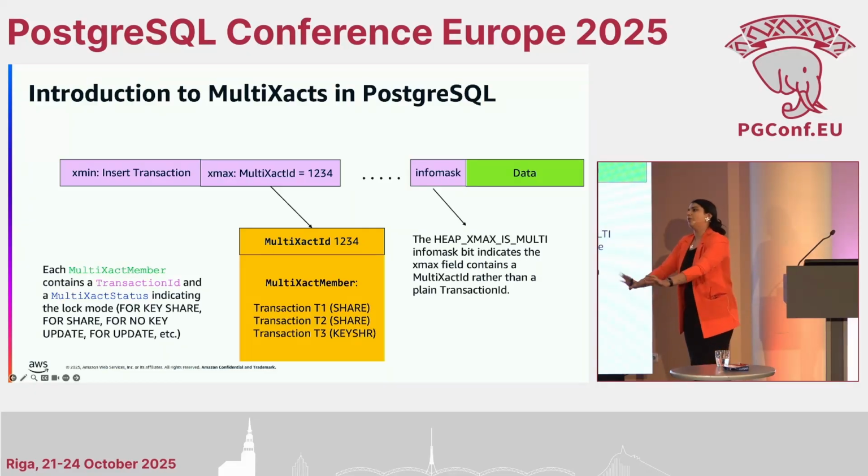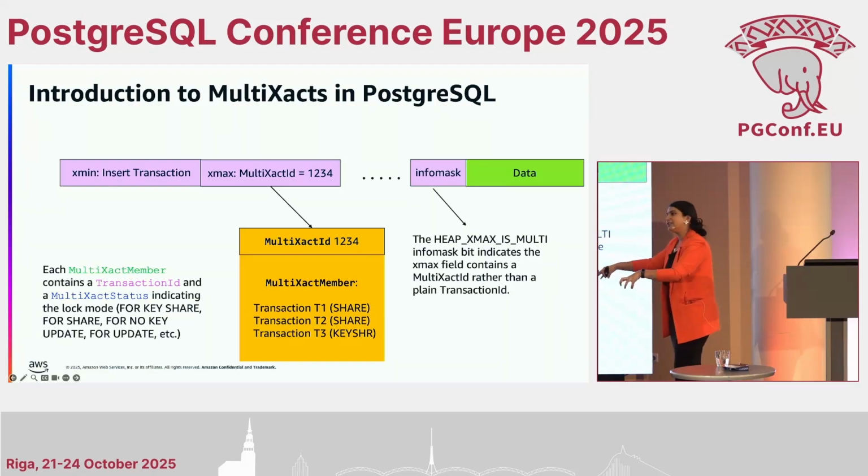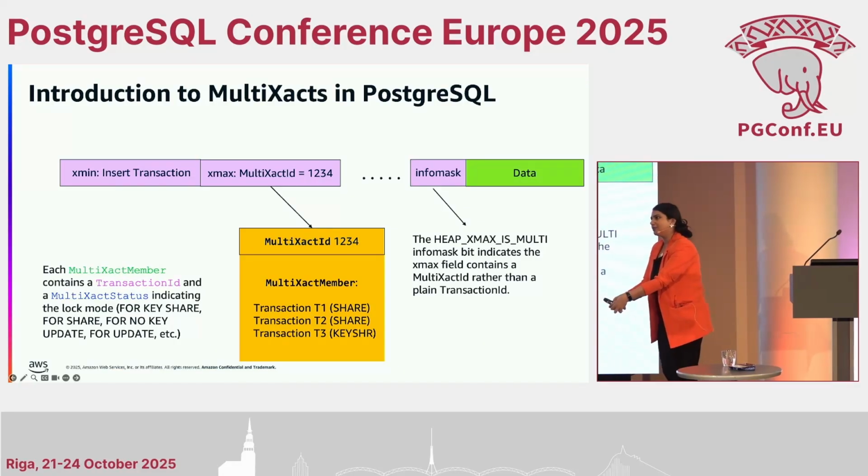So it's not allowing the modification of data, if that is your question. If I'm doing a simple select, your data can be modified in your snapshot, correct? But if I'm doing a select for share, that means if I'm reading these set of rows, I will allow another transaction to read these rows, but I will not allow another transaction to modify this data for the time I'm reading these rows. Make sense?